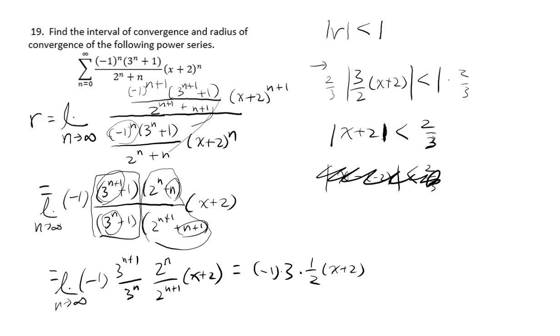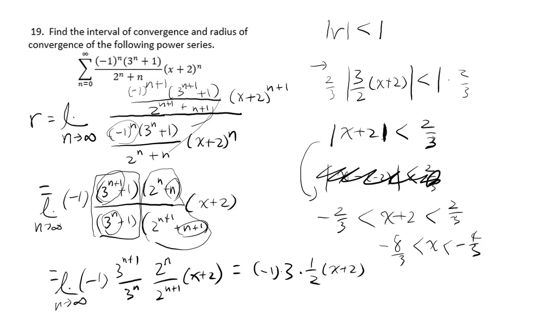You can view it like this, but since this is a little technical, let's just solve this. Well, what does this mean? This means that x plus 2 would be between 2/3 and negative 2/3. Just remember, whenever you take away the absolute value, it's between the positive one and the negative of that value. So if you subtract 2, you're going to get 2/3 minus 2 is negative 4/3, whereas negative 2/3 minus 2 will be negative, let's see, 6 over 3 is 2, so it'll be negative 8/3.